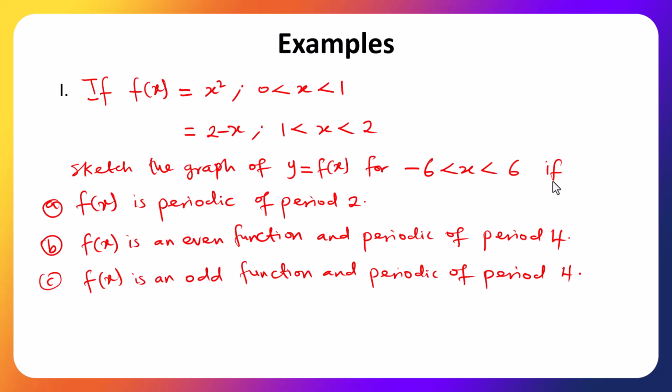If f of x is equal to x squared in the interval 0 less than x less than 1, and f of x is equal to 2 minus x in the interval 1 less than x less than 2, sketch the graph of y equals f of x for minus 6 less than x less than 6 if a, f of x is periodic of period 2, b, f of x is an even function and periodic of period 4, c, f of x is an odd function and periodic of period 4.